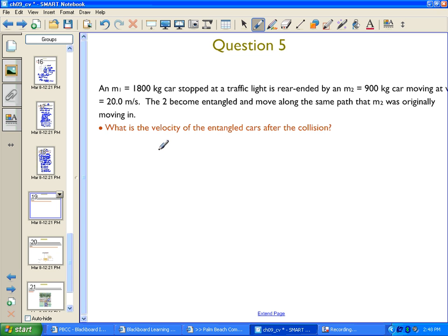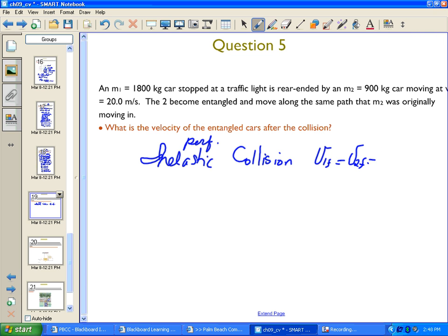And so this is what we call an inelastic collision. And more importantly, since the cars become entangled, it's a perfectly inelastic collision where, for example, v1 final equals v2 final, which we will call simply v final.